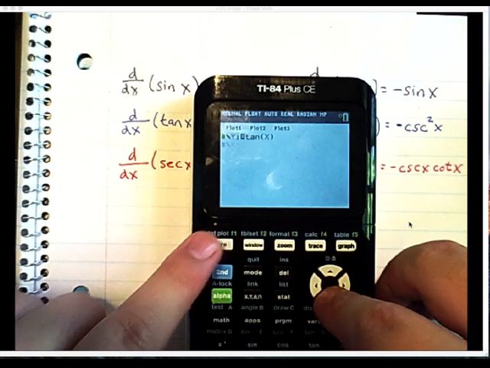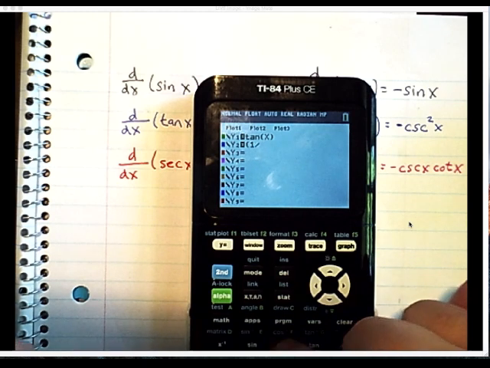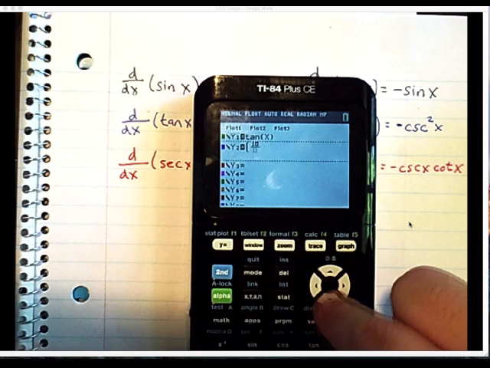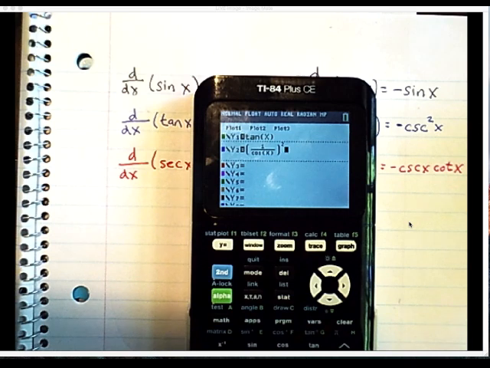So I'm going to type in secant squared here. Now how do I type in secant? I actually do 1 over cosine. This is the only way you can do secant. 1 over cosine squared. So that's the derivative.